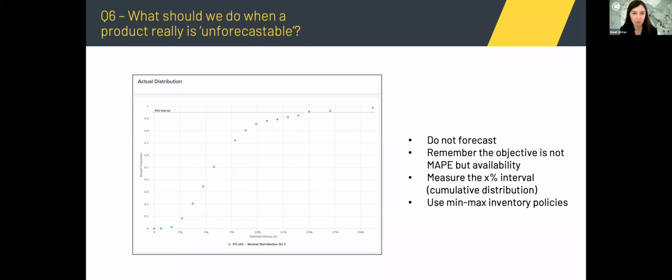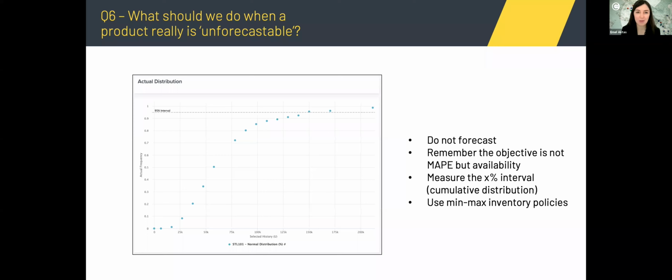You have highlighted a 95% interval there. Where does it cut? And the key message here, as we have already talked about in the previous slide as well, is that we don't want to improve MAPE on its own. Our target is to satisfy the customers with the availability of our products. So what figure increases the availability of my products so that I can maximize the supply chain surplus?